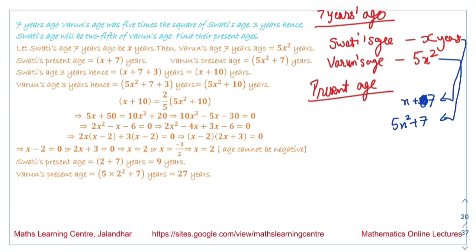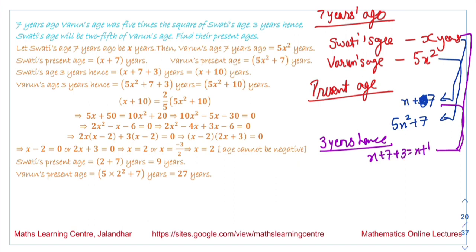Now we are talking about 3 years hence. Swati's age will be x plus 7 plus 3, that is x plus 10 years, and Varun's age will be 5x square plus 10 years. It is given that 3 years hence Swati's age will be 2/5 of Varun's age.